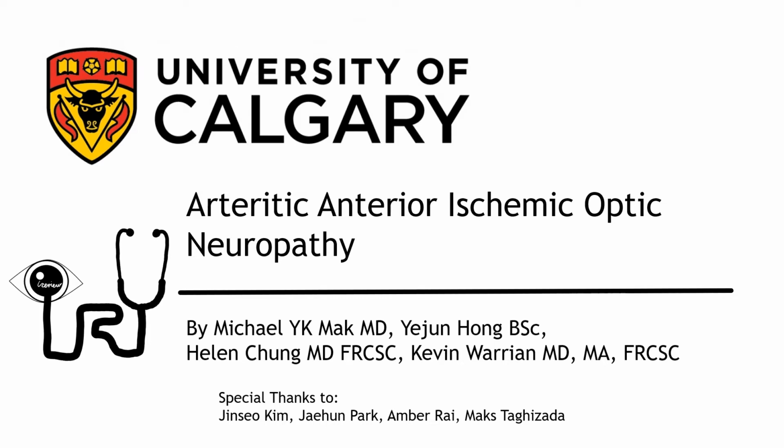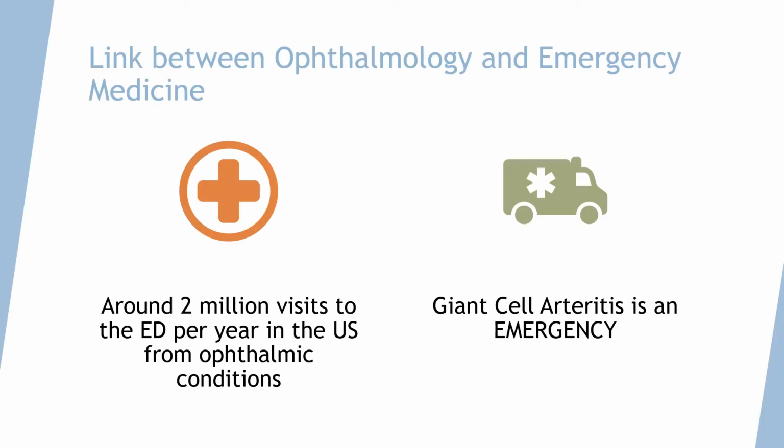Our team here will present to you today about AAION, arteritic anterior ischemic optic neuropathy, as a link between ophthalmology and emergency medicine. The field of ophthalmology and emergency medicine is quite intimate.